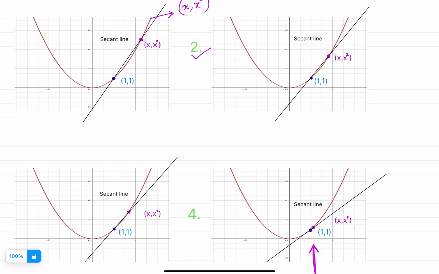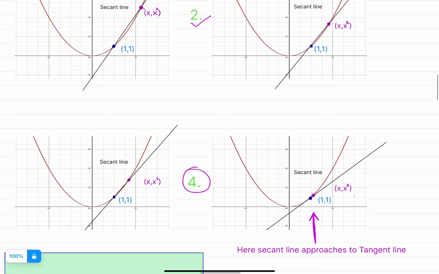We can see that first it was a secant line. By the end, in the fourth graph, when the point comes closer and closer to point 1 comma 1, the secant line is approaching a tangent line.